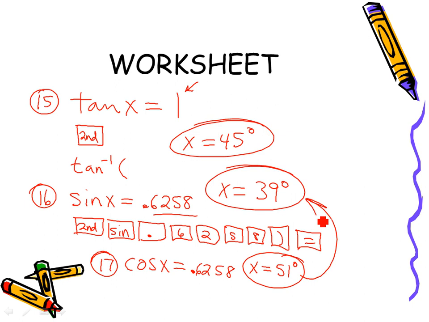What should be true about these two? This was the cosine for an angle that's 51 degrees. This was the sine for an angle that was 39. Well, if you look at those two, they're complementary angles. They add up to 90.